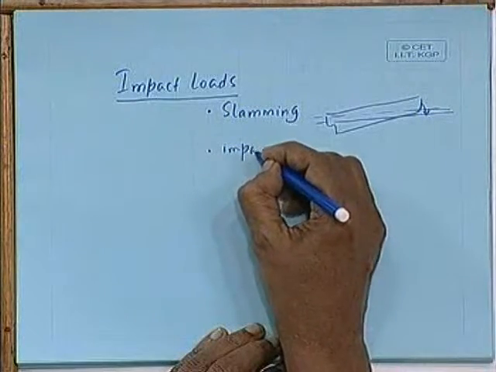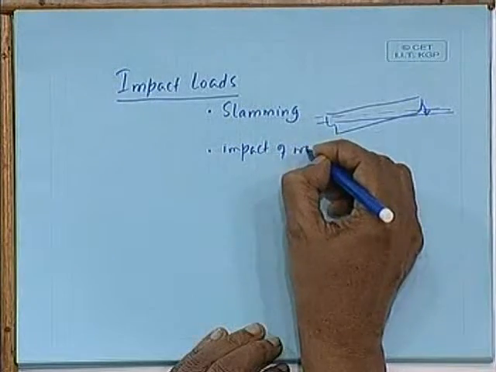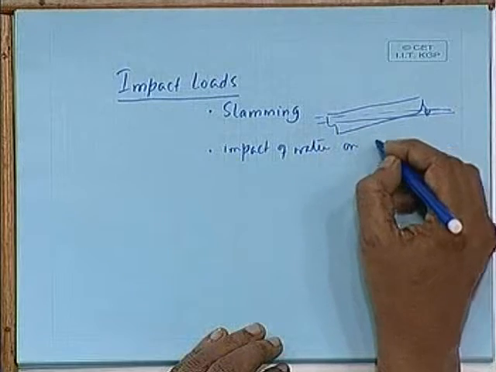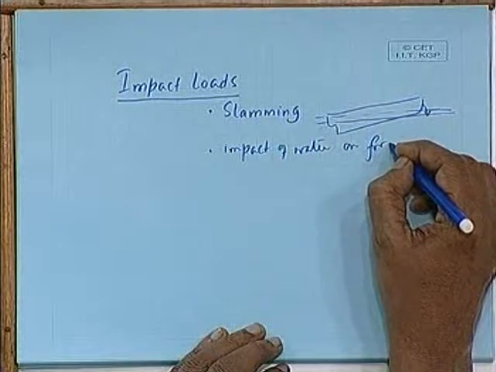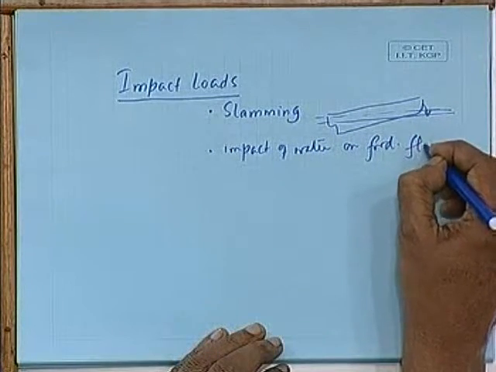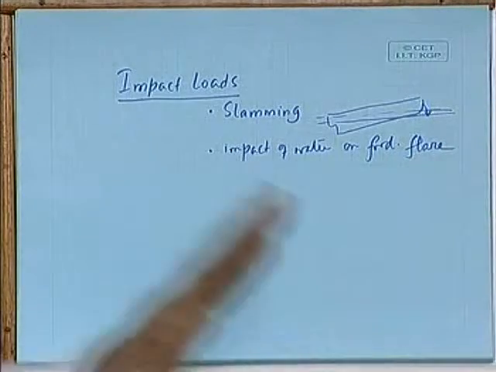Then impact of water on forward body, forward flare. If your forward section had a flare, then the same thing will happen as the ship comes down. The bottom of the flared portion would have an impact. Is that clear? Right.